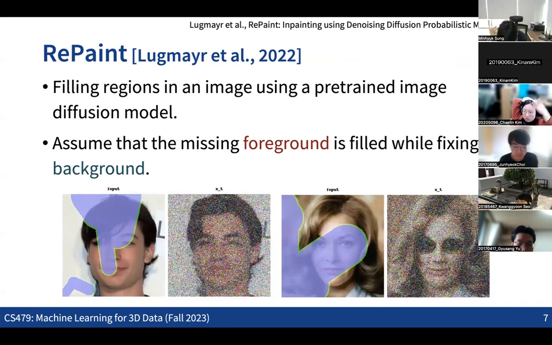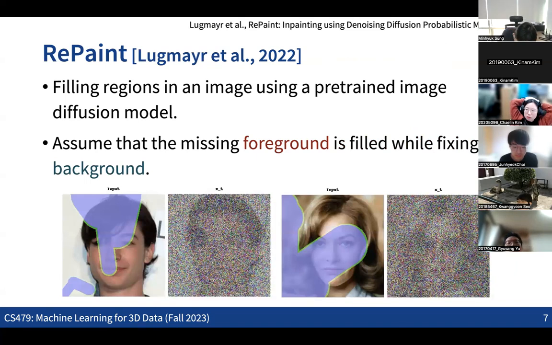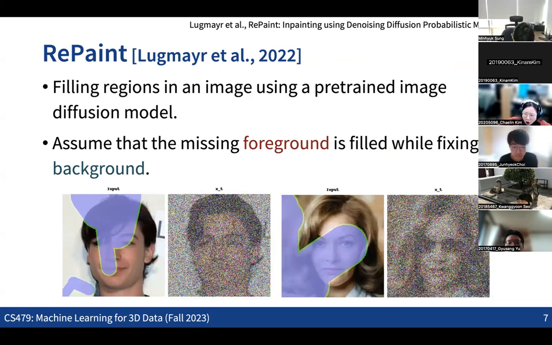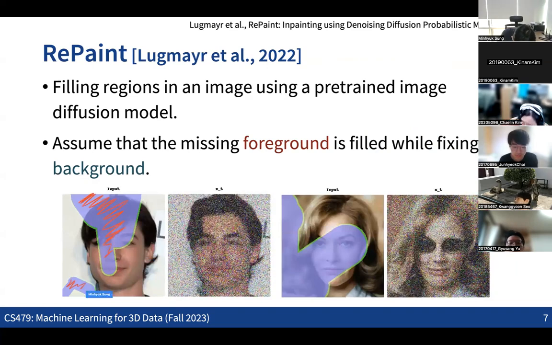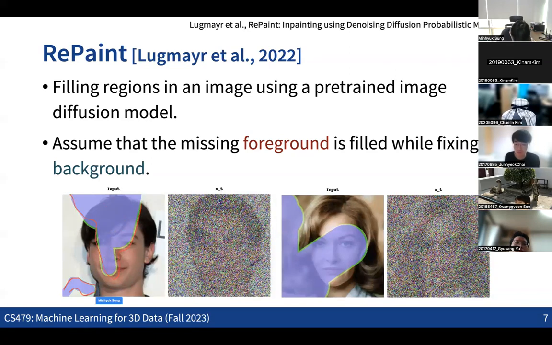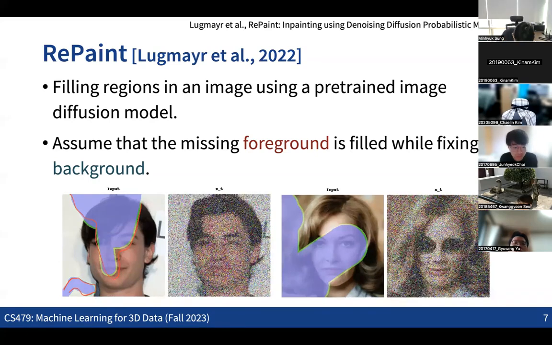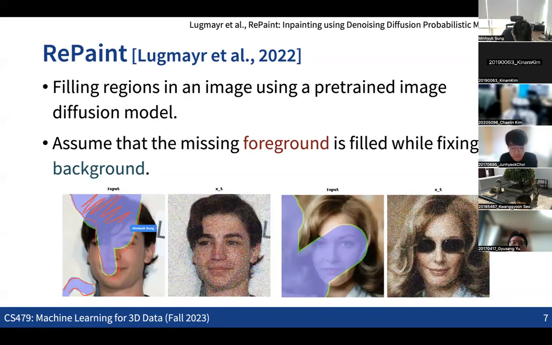So this might be slightly more complicated. Here the problem is that given the image, we have some region that we want to fill in with something, right? So given this input image, we have this mask, and we want to let the diffusion model make the whole image, but just fill in this specific region while keeping the background.